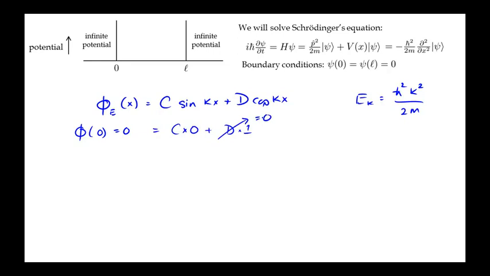Okay, and then we can impose the second condition that phi of L equal to 0. So phi sub E of L equal to 0, which means that c times sine k times L equal to 0. So this tells us that k times L equal to n pi, where n is an integer.